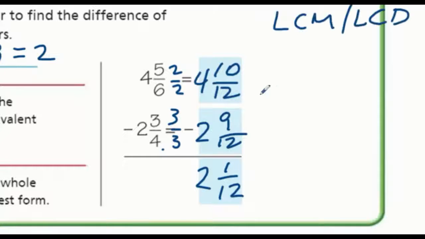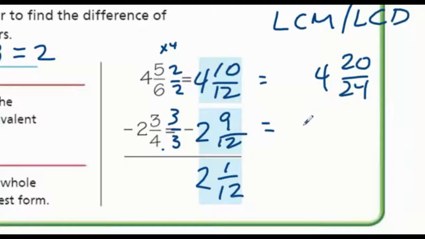All right? Had we taken that same problem, and I'm just going to extend here so you can see this, had I used 24, what would have happened is that 6 times 4 would have been 24, but then you would have ended up with 20 up here because of the 5 times 4 that you needed to multiply. So you end up with this larger number, 20/24. So it's still an equivalent fraction, okay?